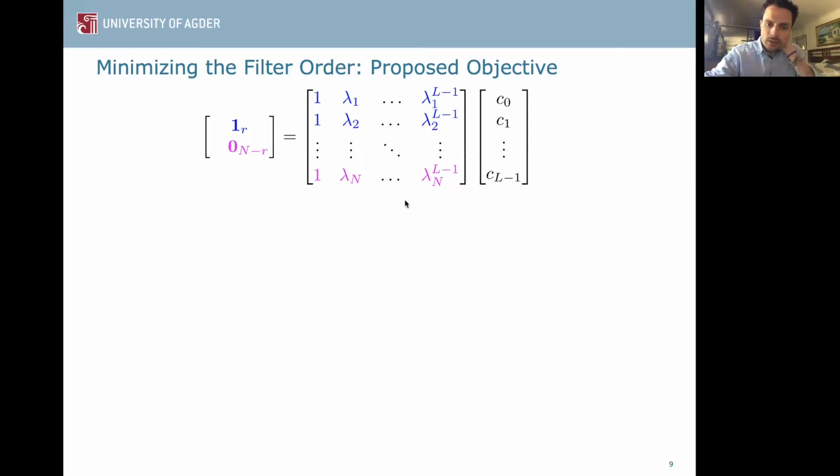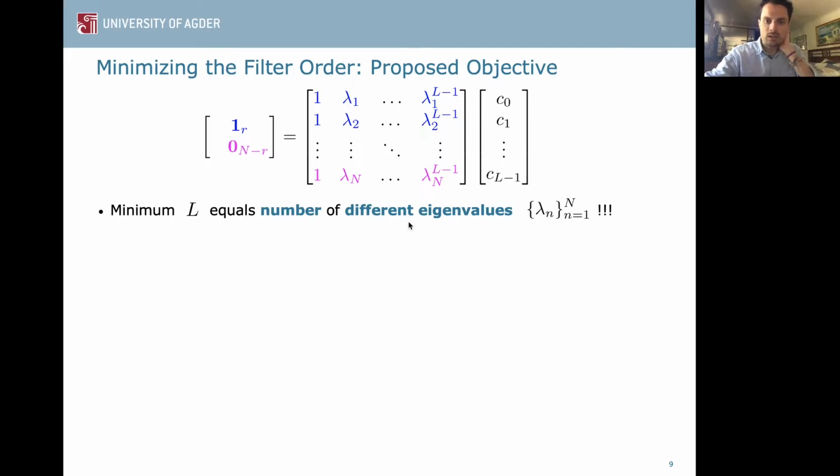So the key realization is that given a shift matrix, so given these eigenvalues, the minimum L for which this equation has a solution equals the number of different eigenvalues that are here, right?